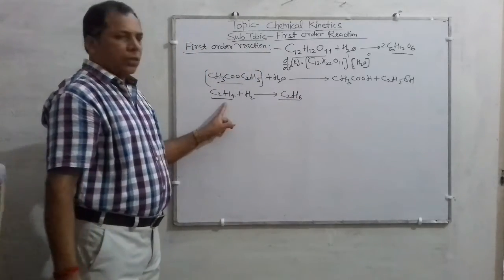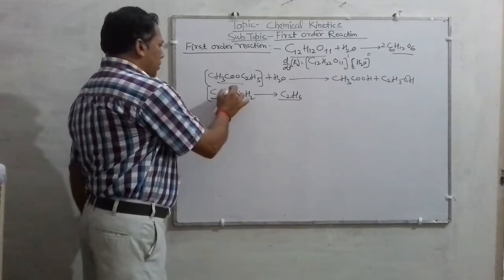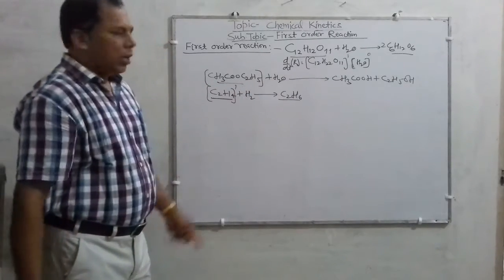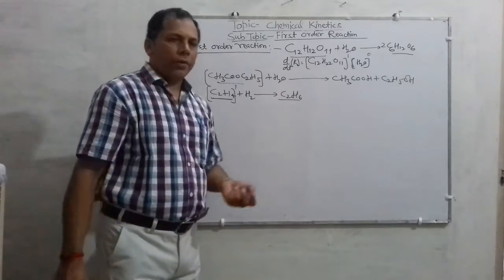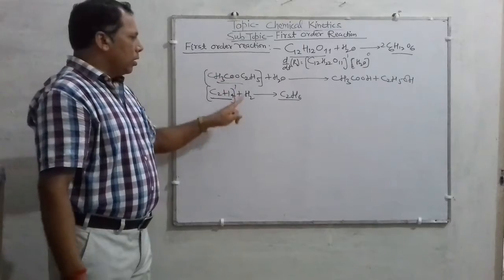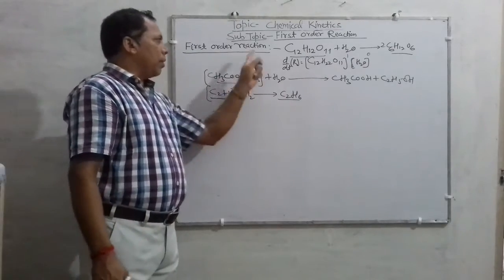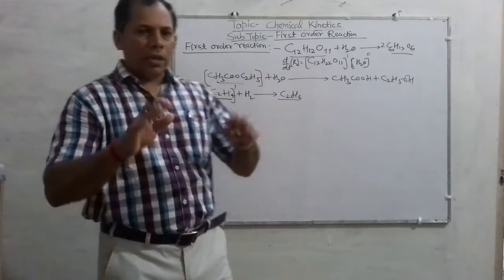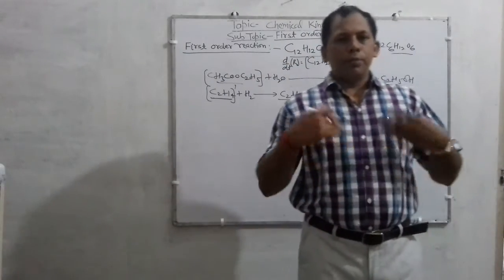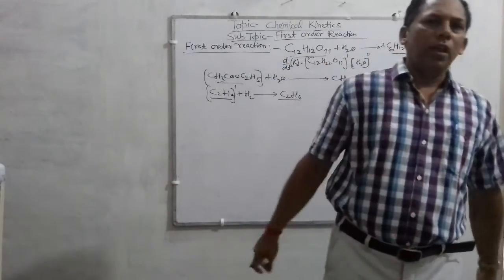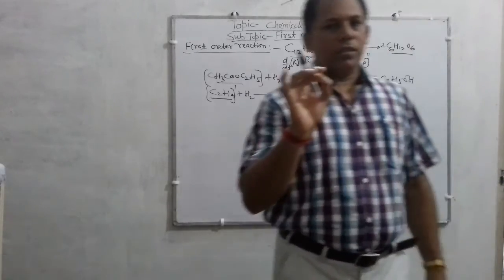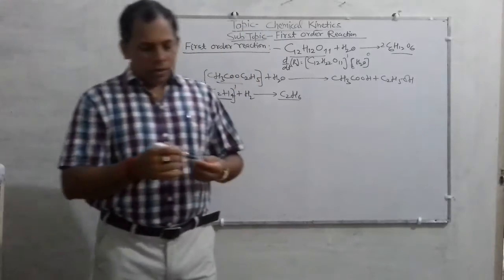In this reaction also, only the concentration of ethene changes and the concentration of hydrogen doesn't change. So according to the definition, these are examples of first order reactions. Similarly, the decomposition of nitrogen pentoxide or of nitrogen dioxide are also good examples of first order reactions. Alright?